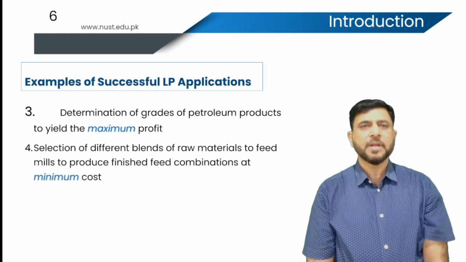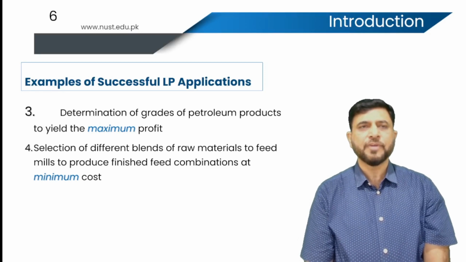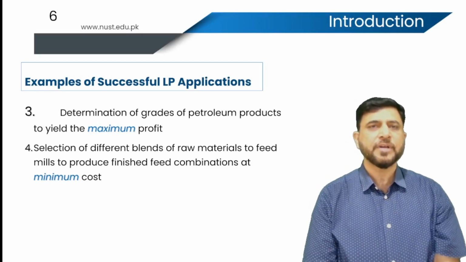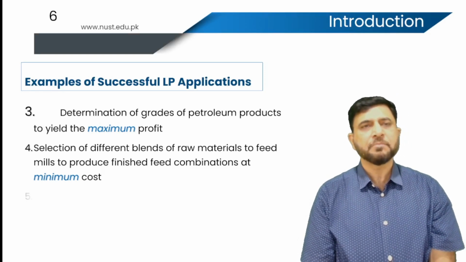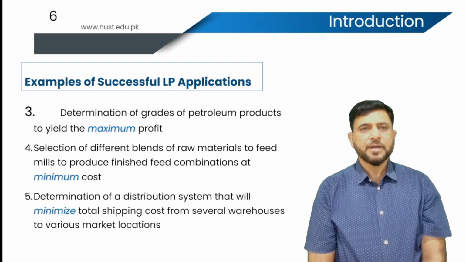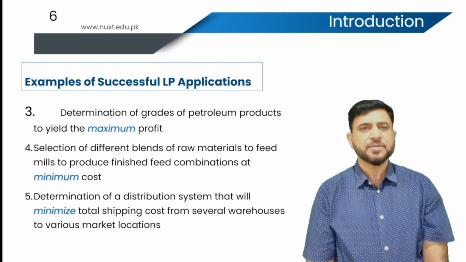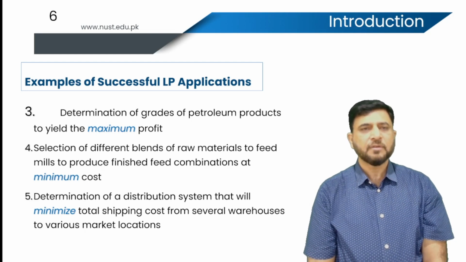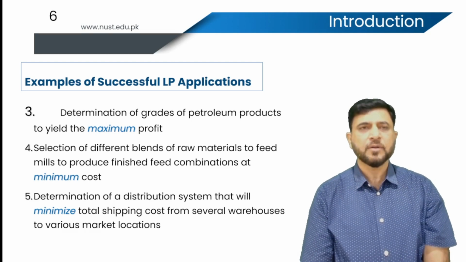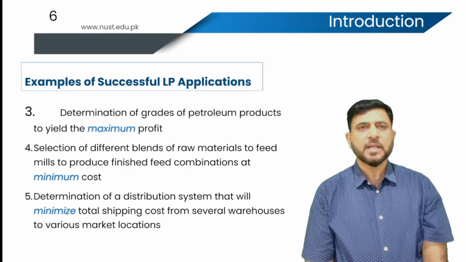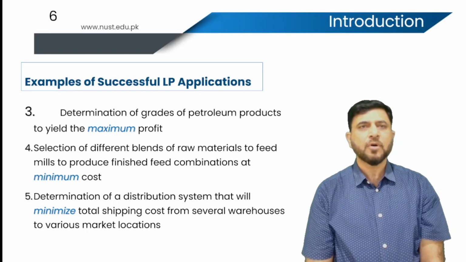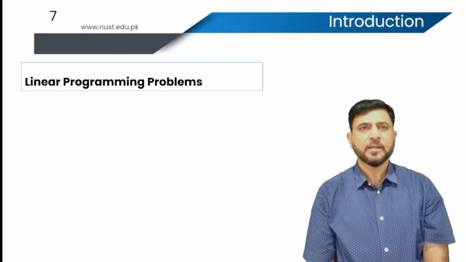Selection of different blends of raw materials to feed mills to produce finished feed combinations at minimum cost. And determination of a distribution system that will minimize total shipping cost from several warehouses to various market locations. These are basically the main concerns where we have to optimize our solution.